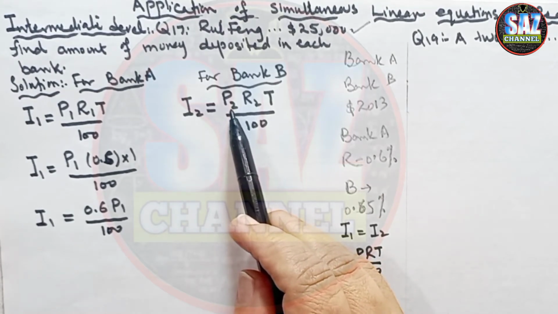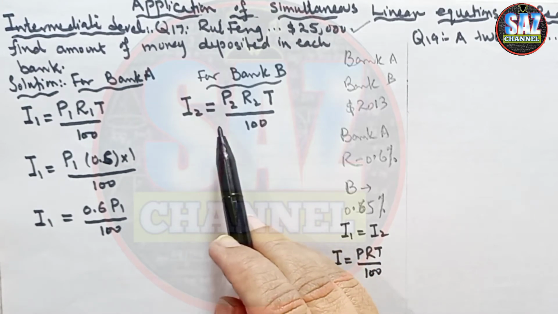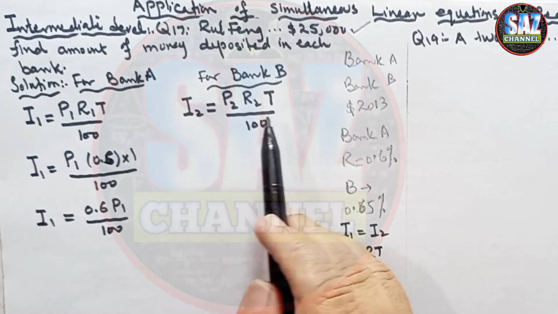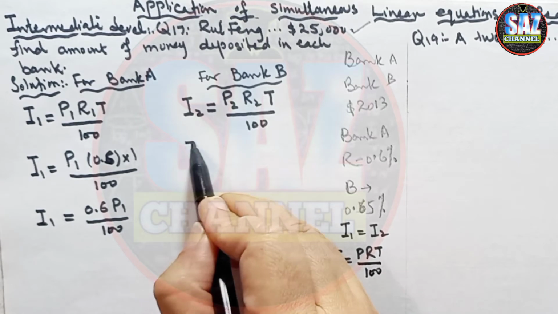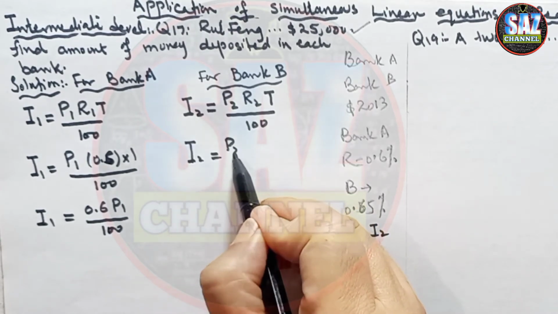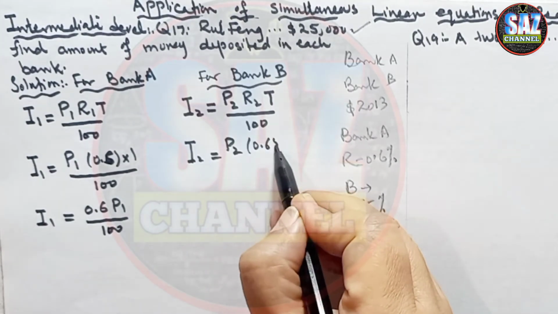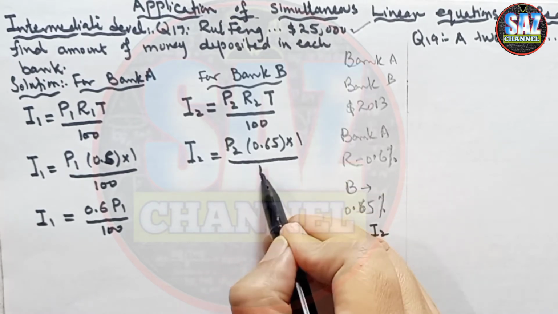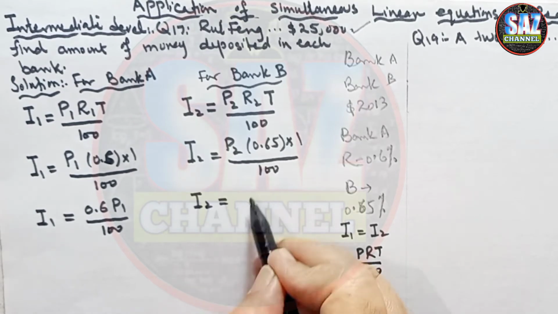Because we do not know how much amount we are keeping in Bank A and how much in Bank B, and the rate for both the banks is different, but time is 1 year, the same for both the banks. So I2 will take the form P2 multiplied by rate 0.65 multiplied by time, that is 1 year, upon 100.